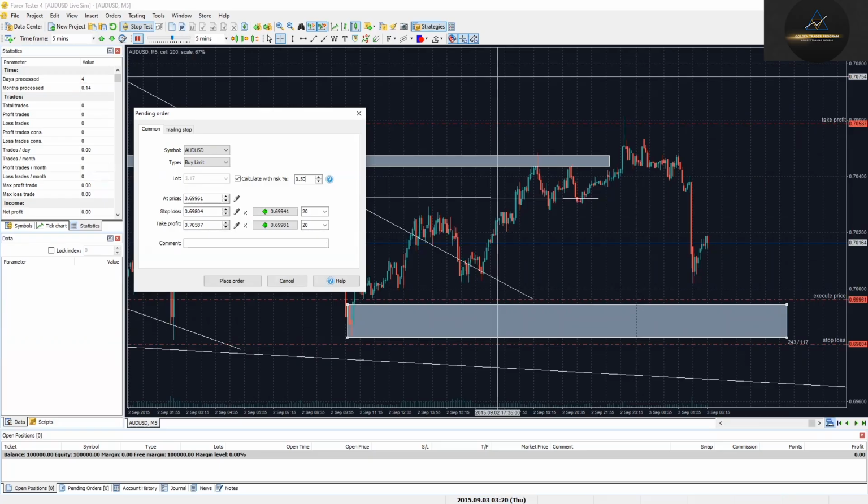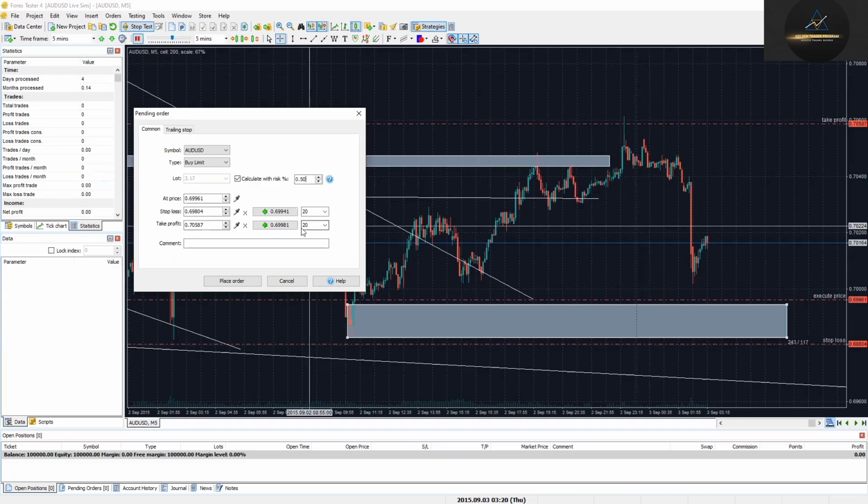There's a question here. If it wicks through your banker block like that, does it make it void, or could you still wait for a break of structure and then re-enter on the banker block that broke the structure? Could you unmute yourself and just annotate on the chart? Just let me know what you mean.